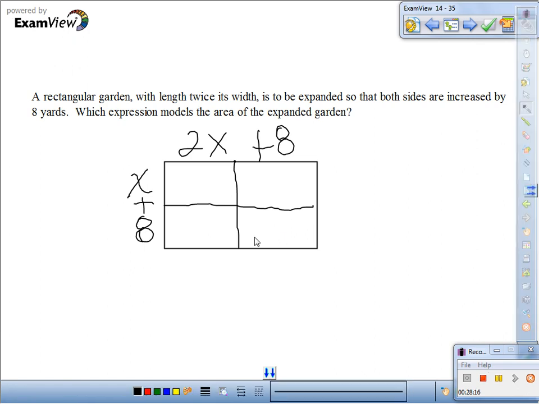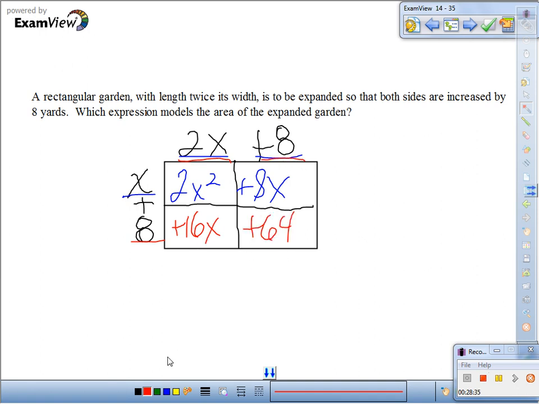All right, let's do the product. What is x times 2x? 2x squared. What is x times 8? Positive 8x. What is 8 times 2x? Positive 16x. What is 8 times 8? Positive 64. Let's see. This is 2x squared.